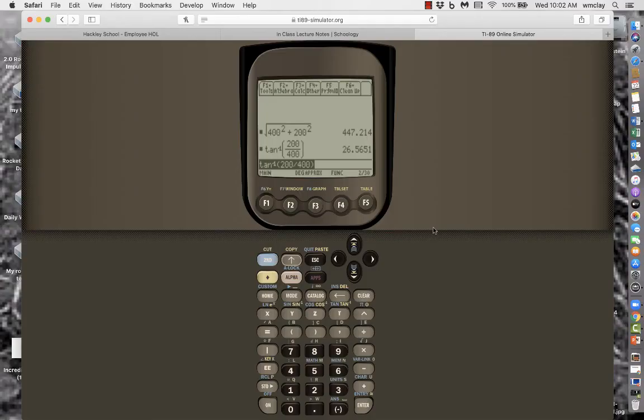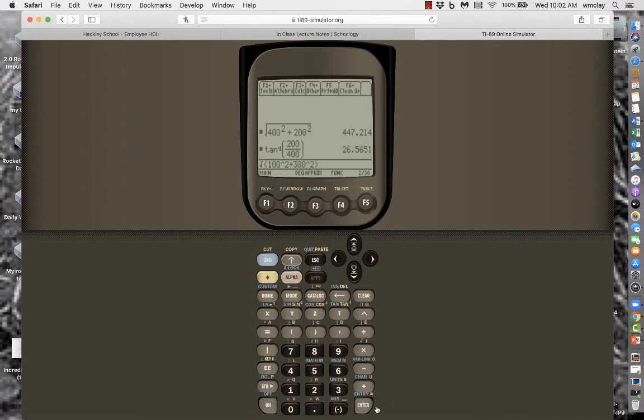So let's look at calculating this resultant really quickly. Again, on the calculator, it's always good practice. Start with the square root of 100 squared plus 300 squared. So, square root, 100 caret 2 to square it, plus 300 caret 2 to square it.